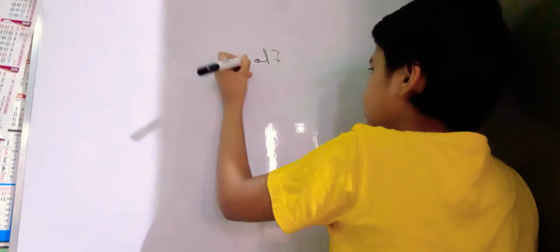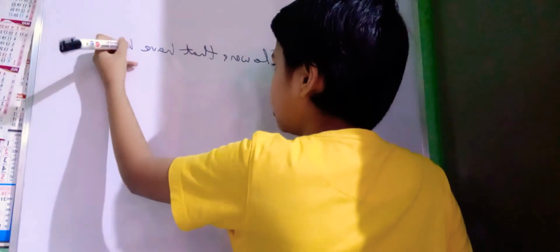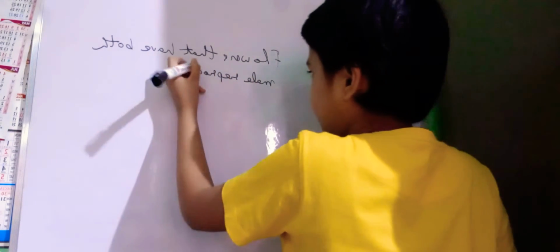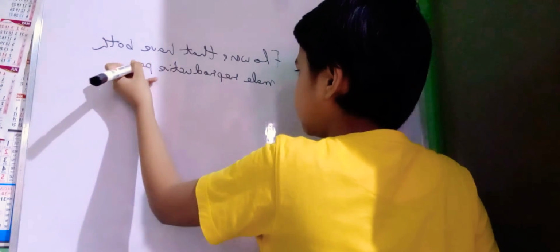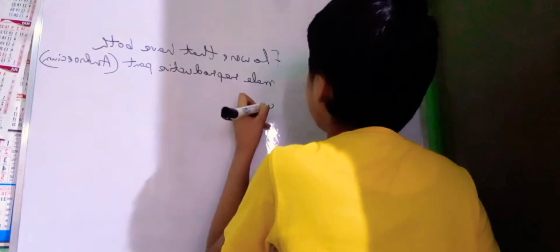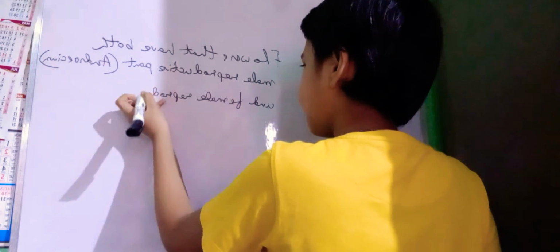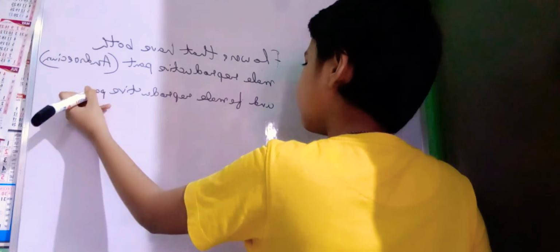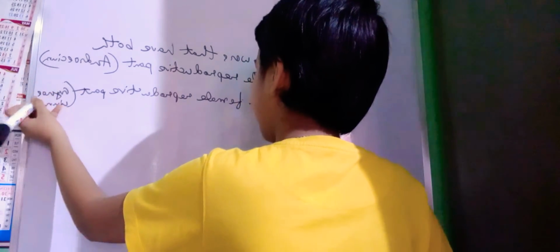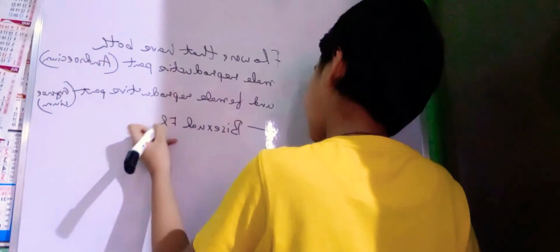So flowers that have both male reproductive part, that is the androecium, and female reproductive part, or gynoecium, are known as bisexual flowers.